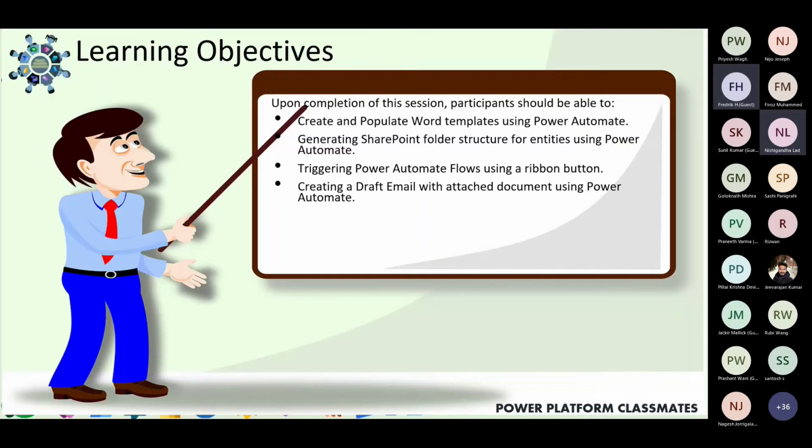Today's learning objectives: upon completing this session, I guarantee the participants will be able to create and populate Word templates using Power Automate, generate SharePoint folders, which is a very commonly asked query on our Power user platforms, and trigger Power Automate flows using a ribbon button.